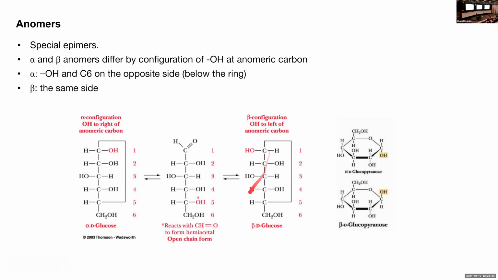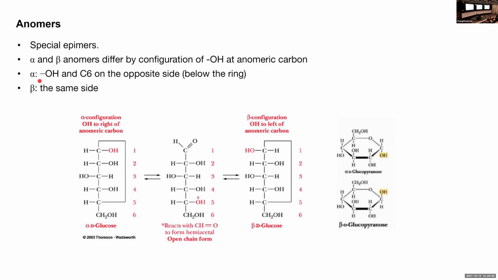So this is a little confusing. So let's start with this Haworth projection here that we're going to talk about too. But anyway, when you look at this anomeric center, which used to be C1, right, if this hydroxyl is on the bottom and on the opposite side from the exocyclic carbon, then it's going to be called the alpha form.